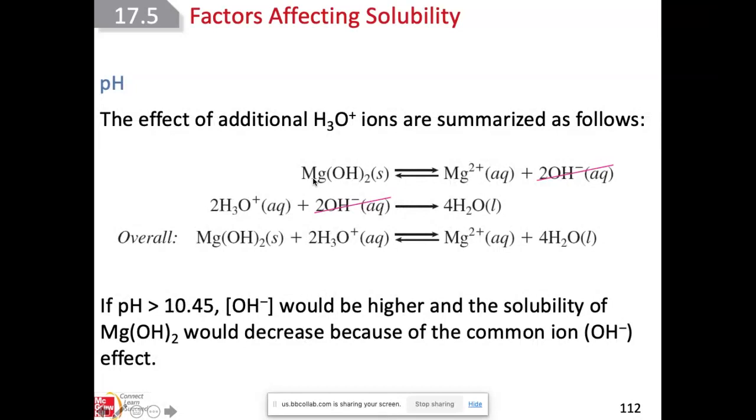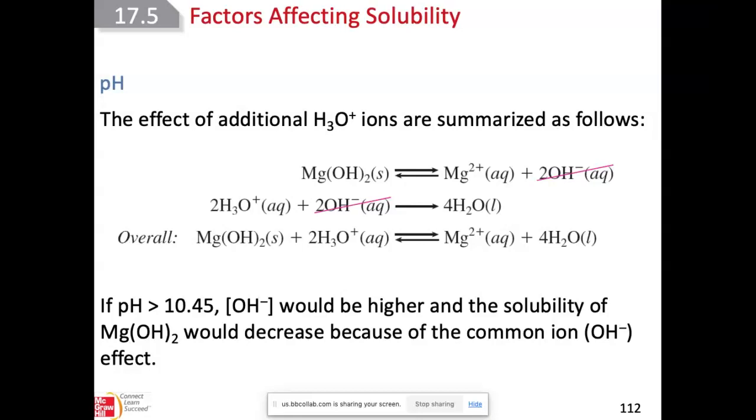So let's say I have magnesium hydroxide, making magnesium ion and the hydroxide ion. Let's say we added a solution adding hydronium ions, a strong acid.